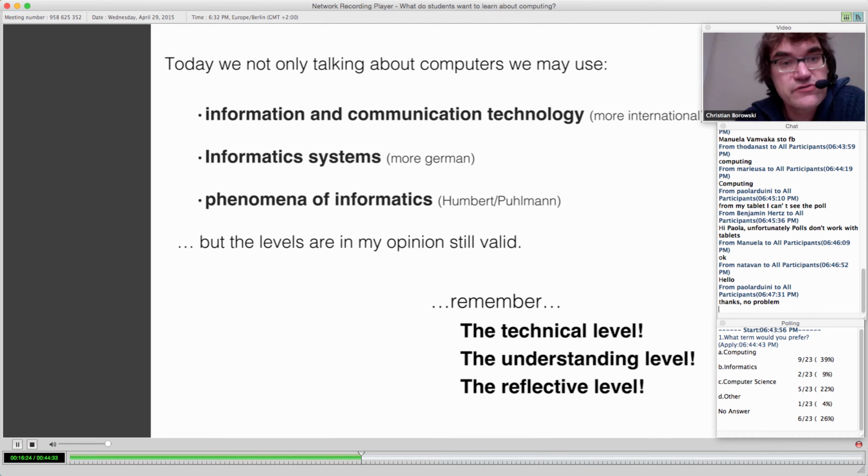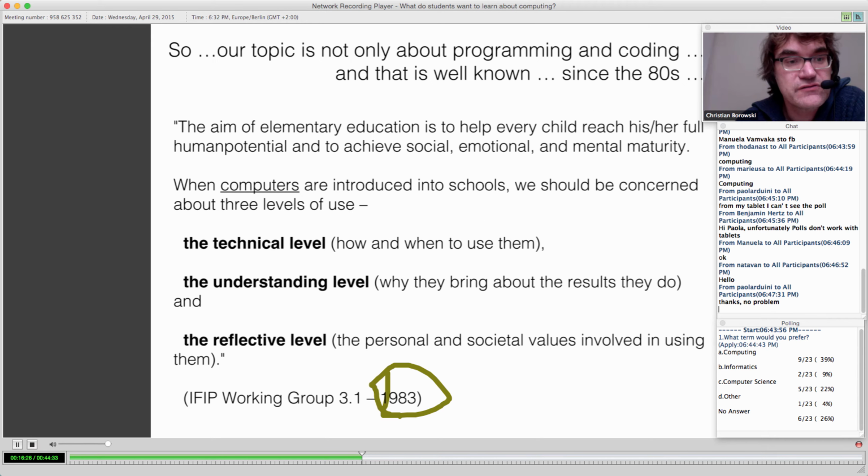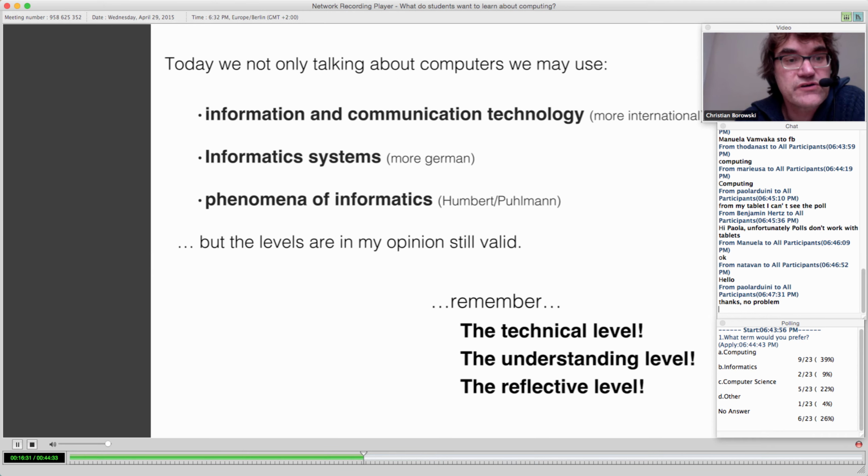Today, we don't use the term computers. We use information and communication technology, or we need informatic systems. It's more of a German term. Or we use phenomena of informatics. That's by Ludger Humbert and Puhlmann, who brought it up, and it means we look more at the things. They say we have three different phenomena.